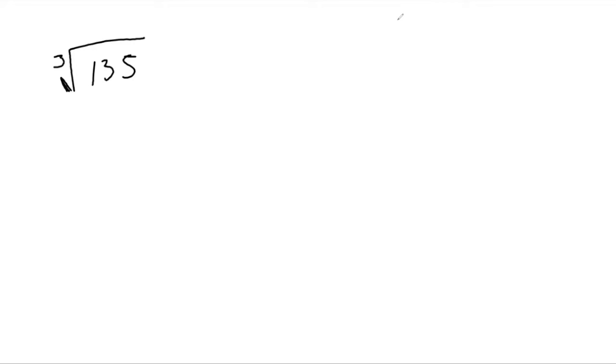This is going to tell us we want to look for groups of 3 of the same number. So we're going to do the same thing again. We're going to break 135 into its prime factors. Right away I can tell this is divisible by 5 because it ends with a 5. So 135 divided by 5 is 27.